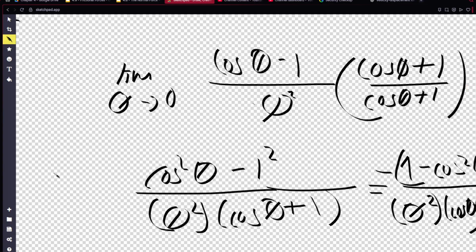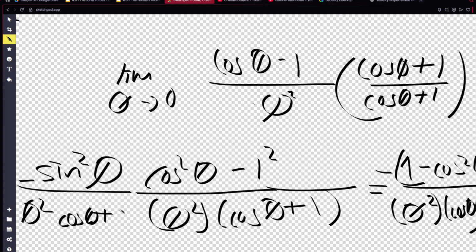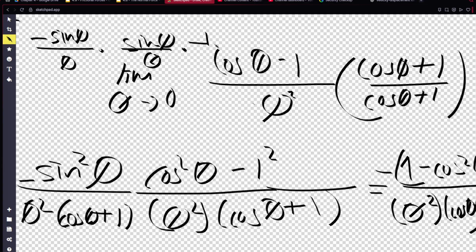That's the same thing as negative sine squared theta over theta times cosine theta plus 1. We can break this up into negative sine theta over theta times sine theta over theta times 1 over cosine theta plus 1.